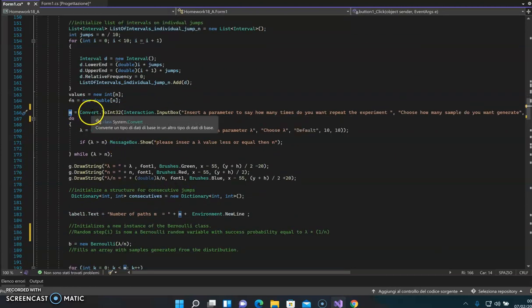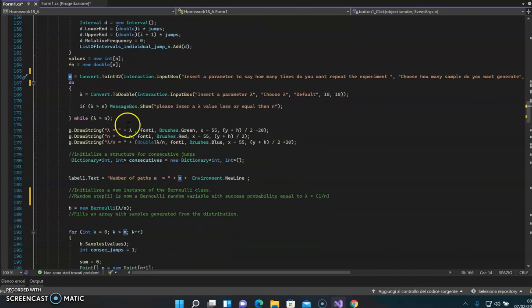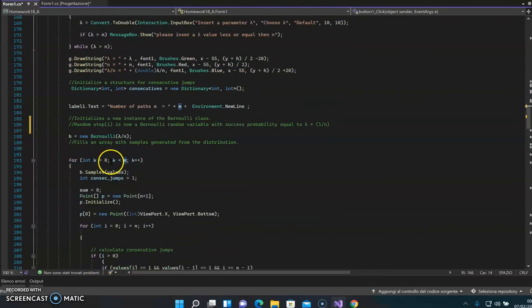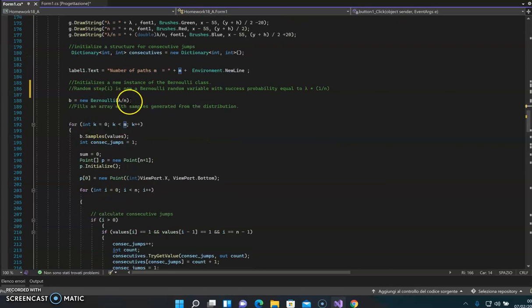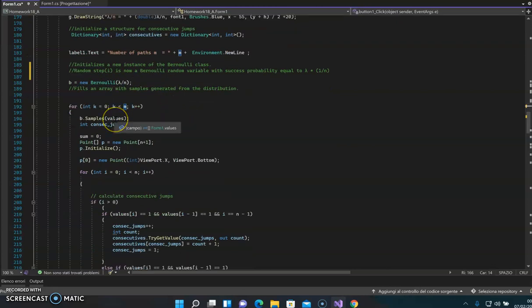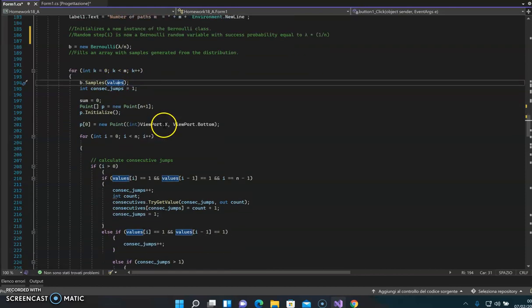Then we insert the number of paths, and with this subroutine we ensure that lambda is not greater than n. After that, we compute our Bernoulli distribution, where each experiment is put into these values, which is a simple array of n values.